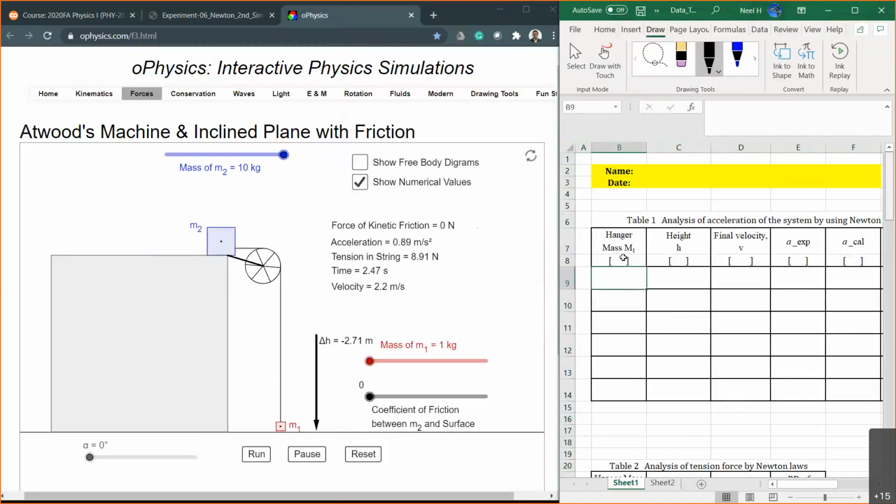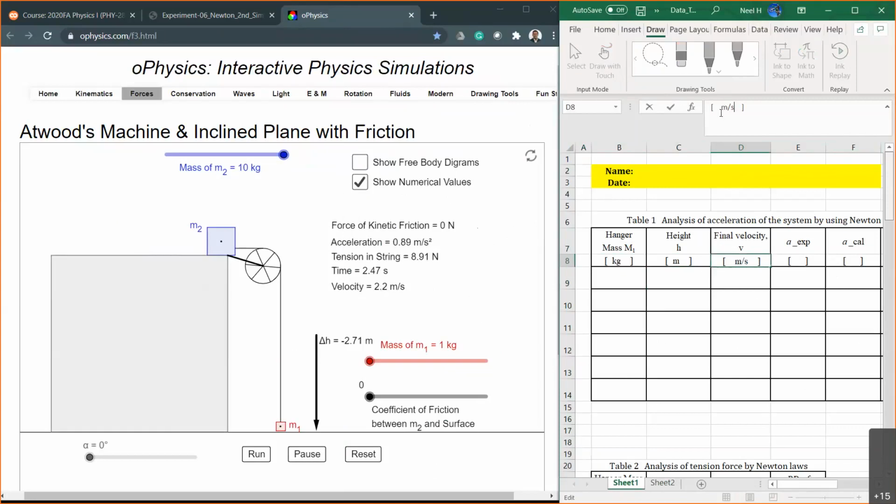So I need the hanger mass M1, table number 1, unit kilogram. I need the height, how high M1 starts from the ground, unit meters. And I can actually calculate the velocity. I can get this number directly, or I can calculate it. You will get the same number. It's not going to change at all.